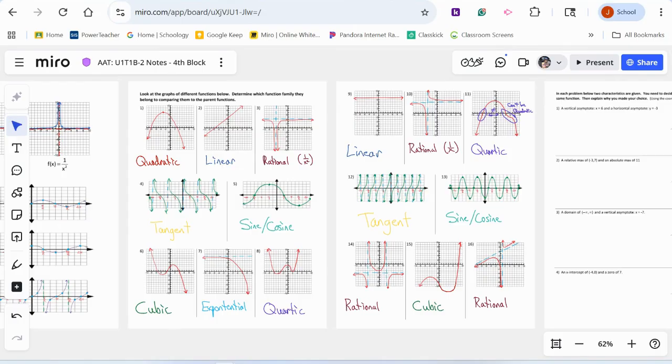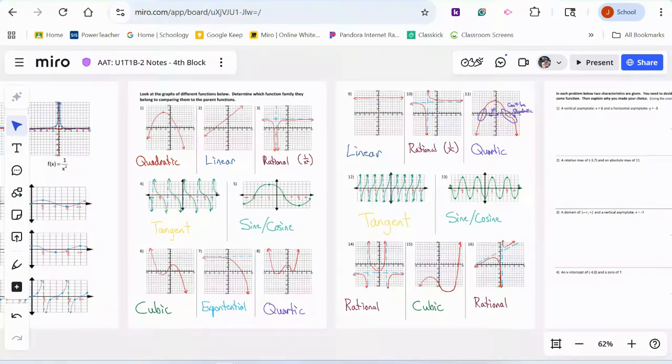Understanding why 15 has to be cubic and why it can't be quartic, as it goes off the coordinate plane. Why does it just have to dip down to a relative minimum, a valley, and come back up? So please, guys, come back with your questions. We'll go over this. We won't go into a formative quiz on this stuff until I have answered all of your questions on Monday.